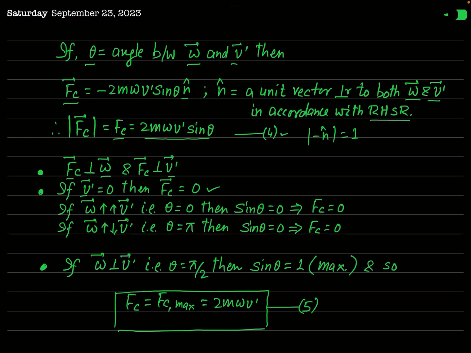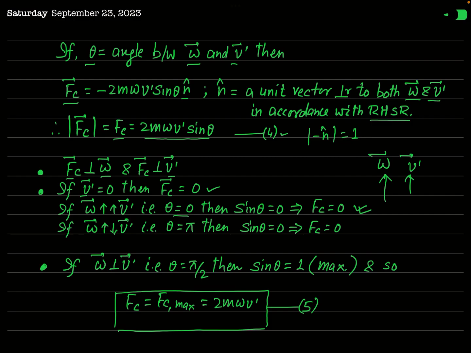The first one is, if you consider that the omega vector and the v dashed vector are parallel to one another, then you know the angle between two parallel vectors is 0. So in this case theta will be 0, and sine theta will be 0, because sine 0 is 0. And if sine theta is 0, you can see that no Coriolis force will act, Fc will be 0.